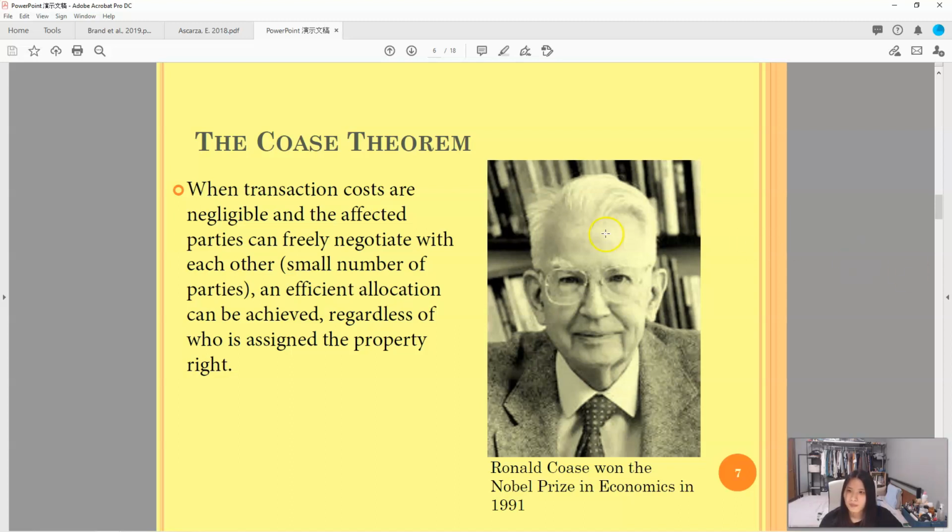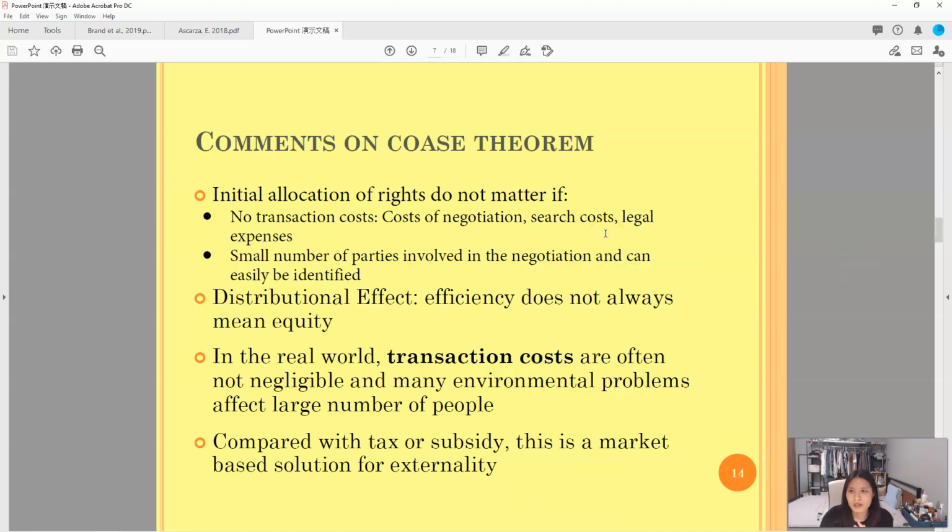So here we have several comments on the Coase theorem. The first one is that the initial allocation of rights does not matter if there are no transaction costs. That is, there is no cost of negotiation, no search cost, no legal expense, and just a small number of parties involved in the negotiation, and those parties can easily be identified.